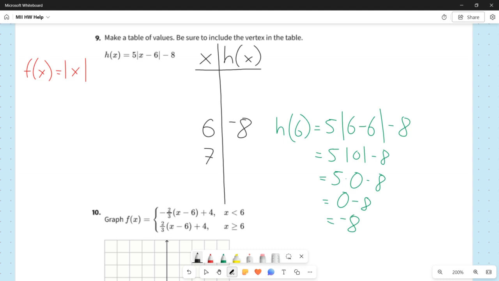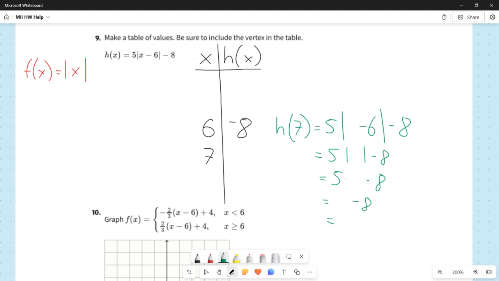I'll write this out one more time, but I am not going to write out every single one because that's going to get kind of annoying. All right. So we are looking for h of 7.